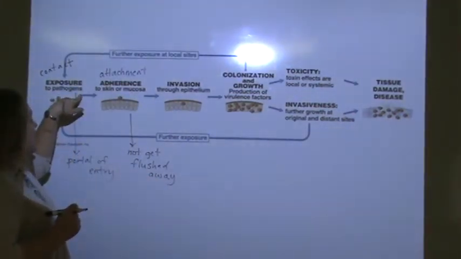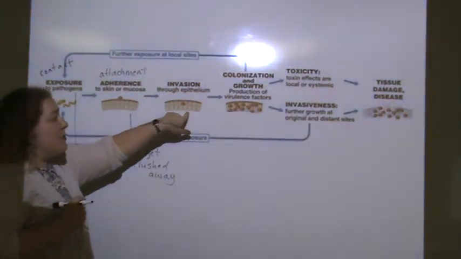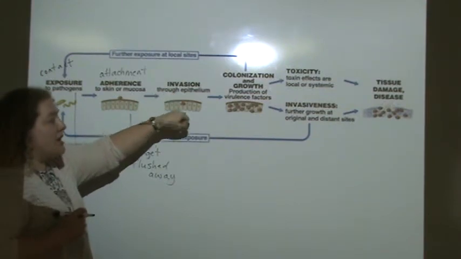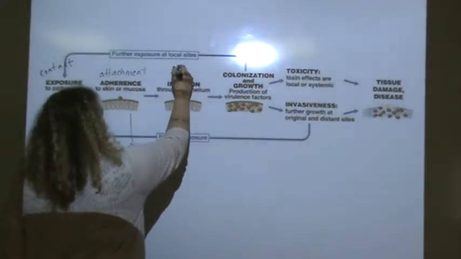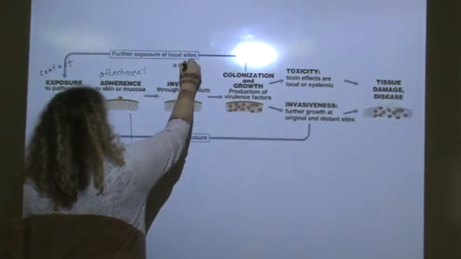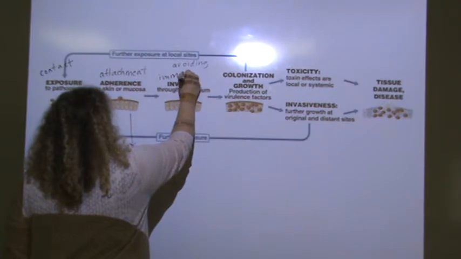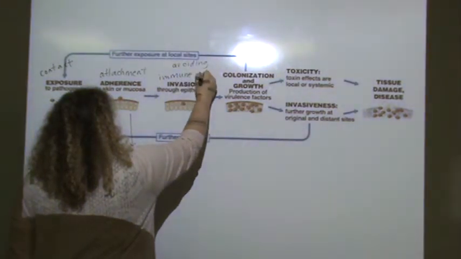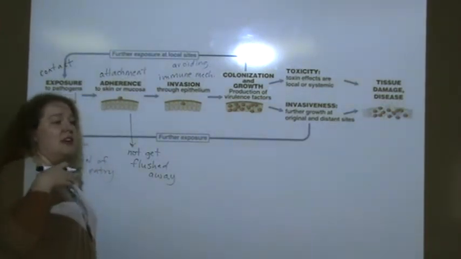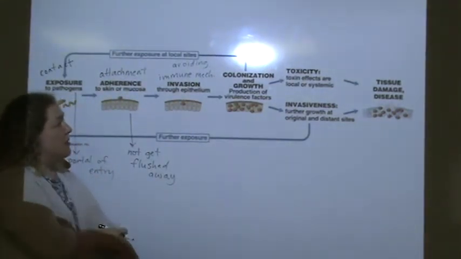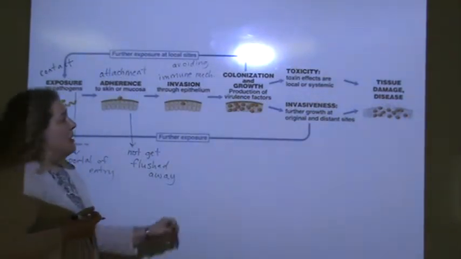So you contact it, it gets attached or adhered, and then at that point it needs to actually invade into tissues. And this one often requires avoiding immune mechanisms. So if you're going to get into body tissues, it also has to avoid immune action of your body.